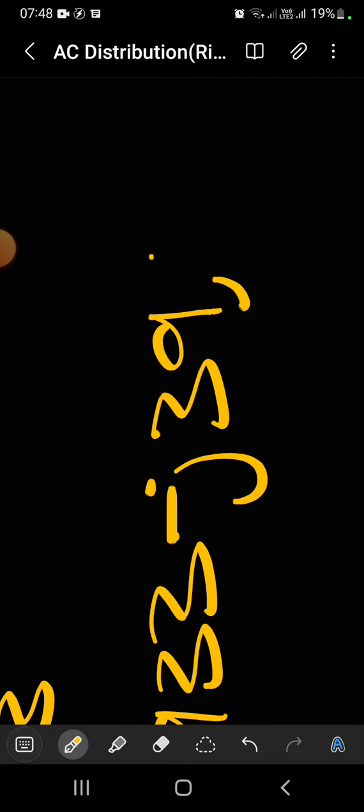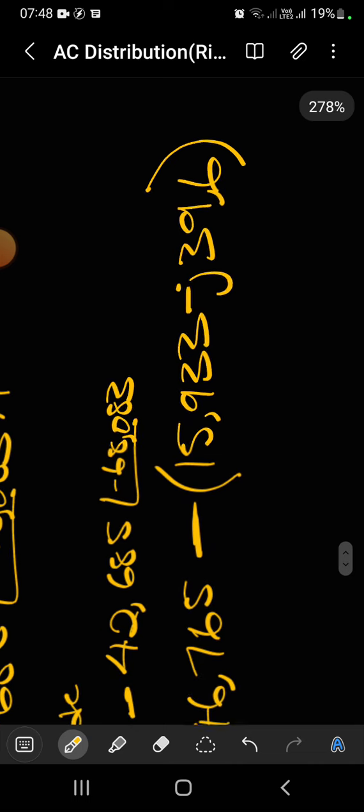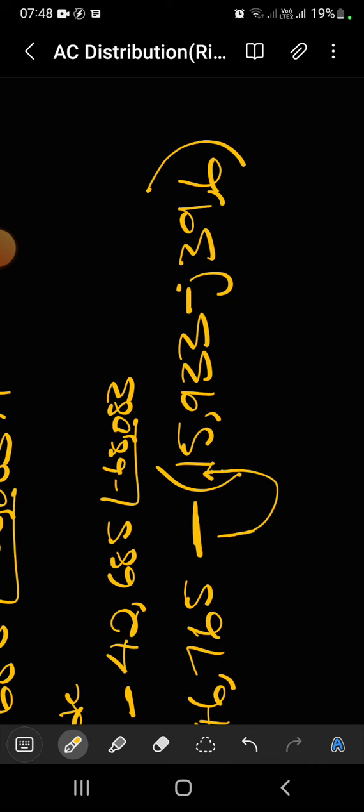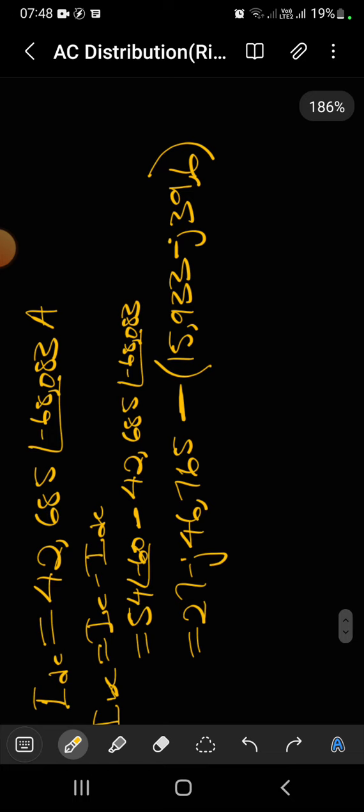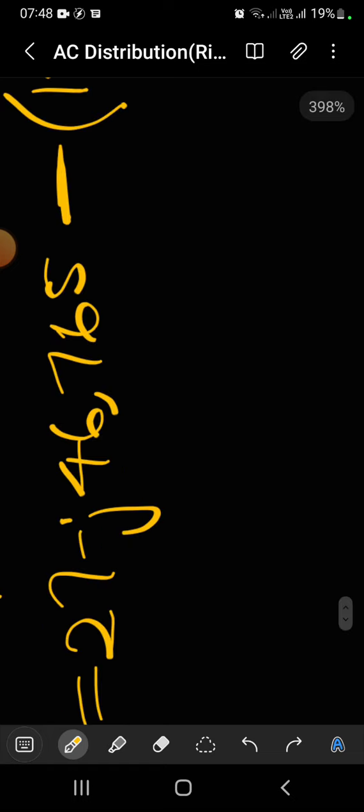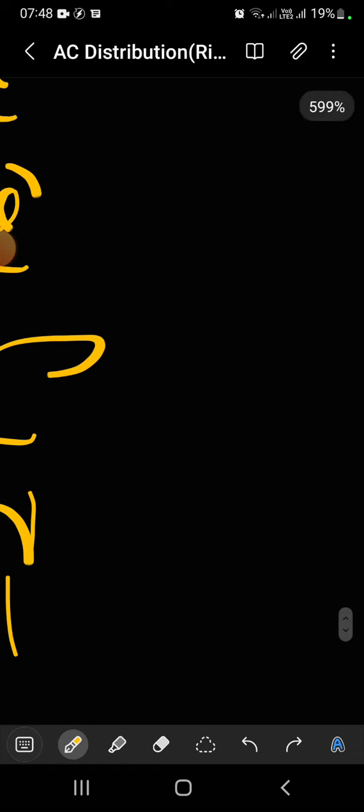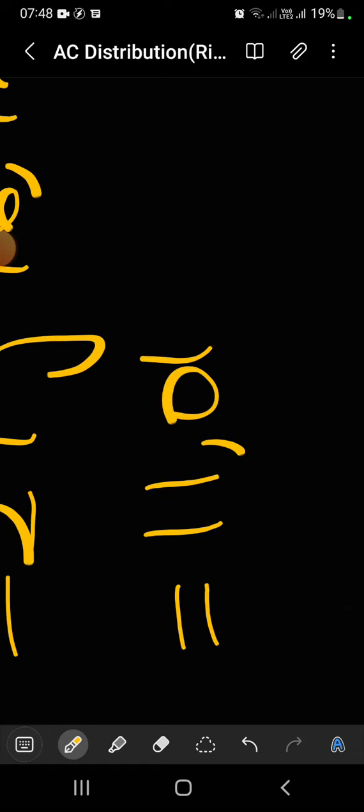Your j is 39,6 in brackets. That minus is going to make it minus 15, that minus is going to make it plus 39, right? That's why I have the brackets. So now 27 minus 15,933, you get your real value as 11,067.